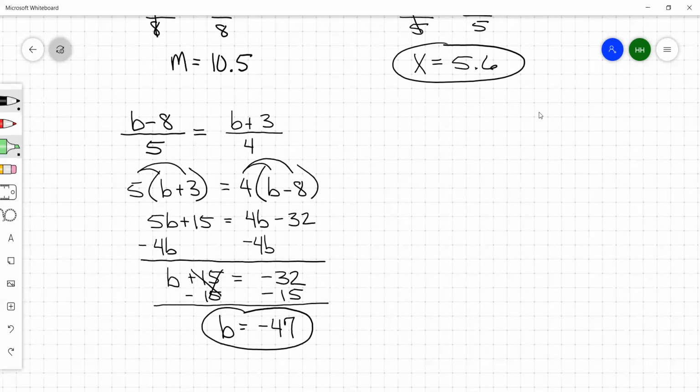Let's do n over 5 equal to 2n plus 4 over 6. So I'm going to do the 5 times 2n plus 4.